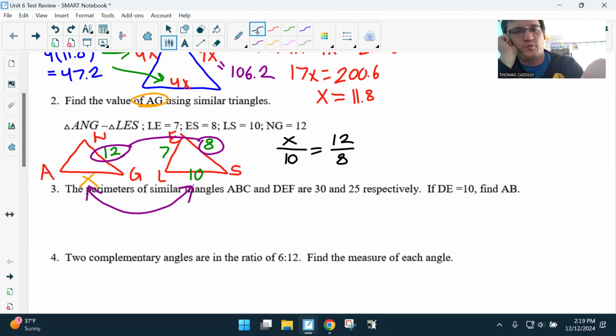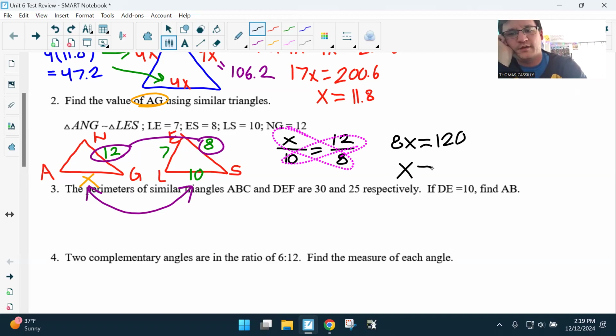Now this is a proportion. What do we do? We cross multiply. So I'm going to have 8x equals 120. So x is going to equal something. I don't know what that is. 120 divided by 8 gives me 15. All right, and that one's done.